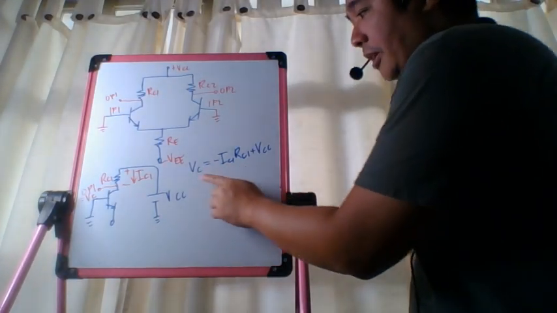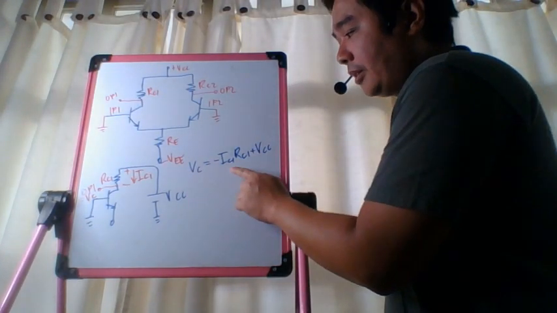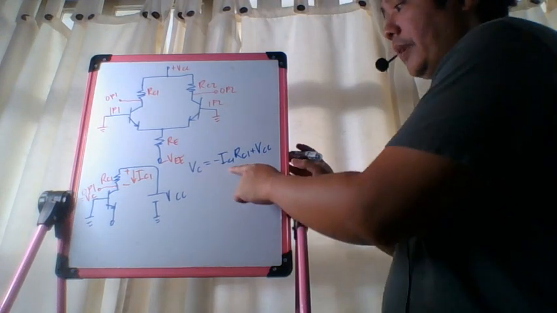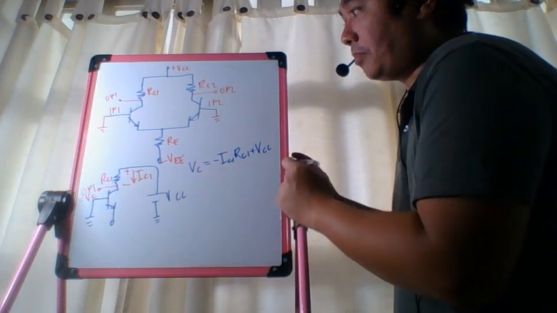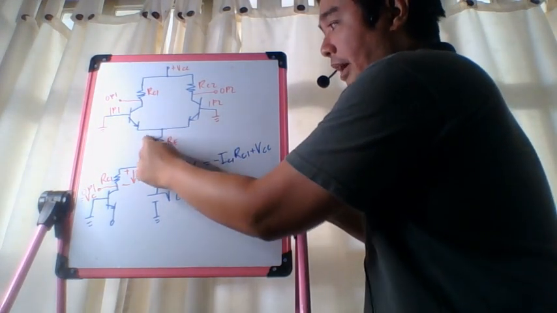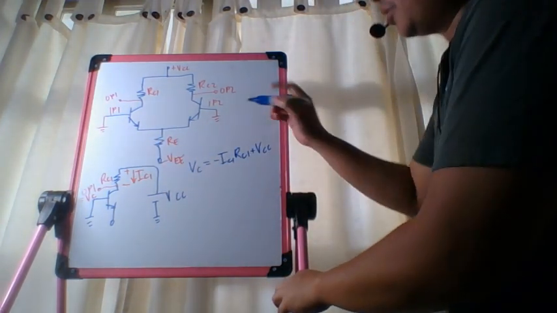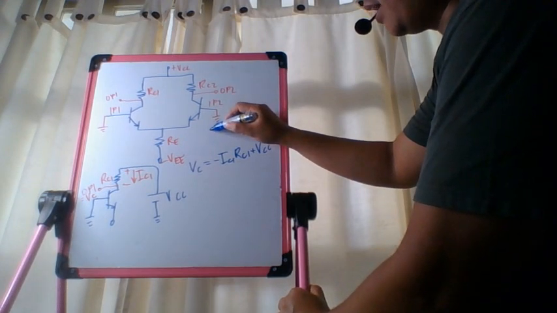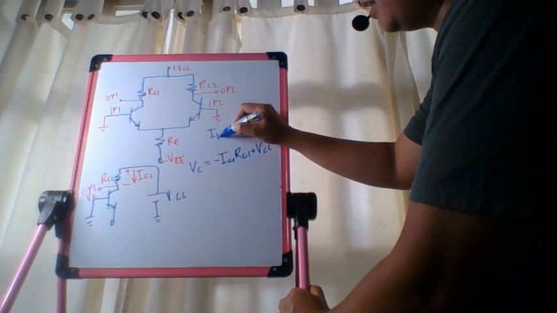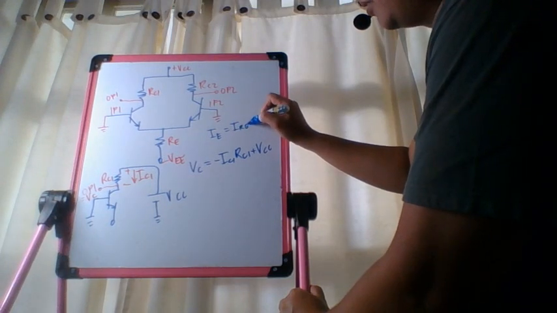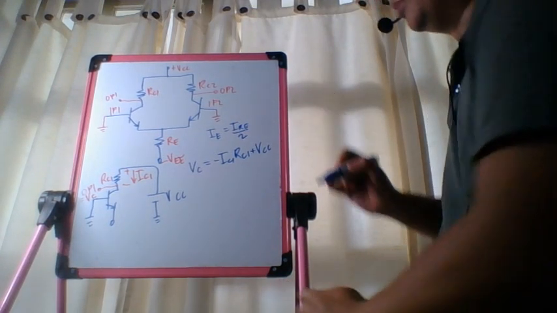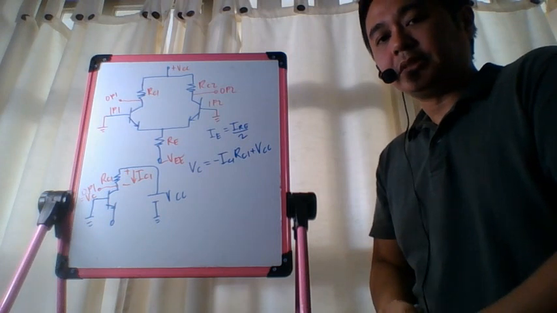How can we express this equation, particularly this term, in terms of IE? So kanina, na-derive natin yung relationship between the emitter currents and yung IRE. Diba? So kanina nilagay natin dito, we have IE is equal to IRE over 2. Okay?